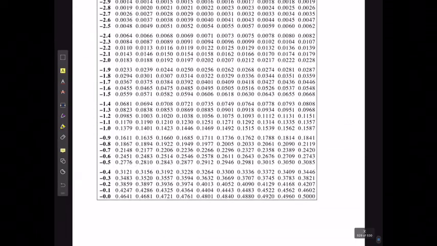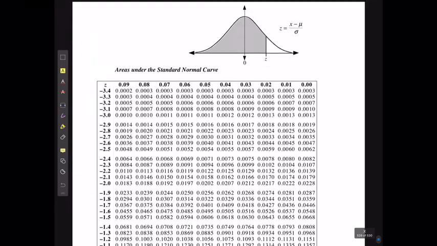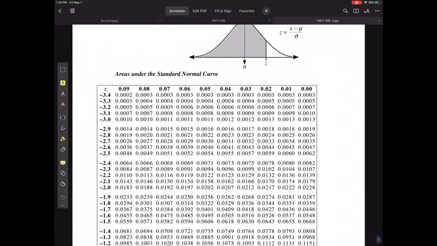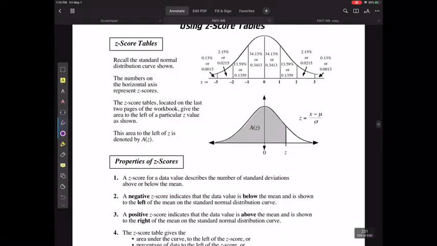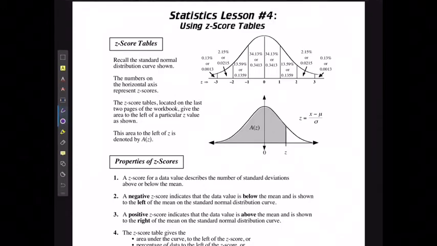Now, when we're using this table, the important thing to know is that the Z-score table is always going to give us the area to the left of that Z-score.